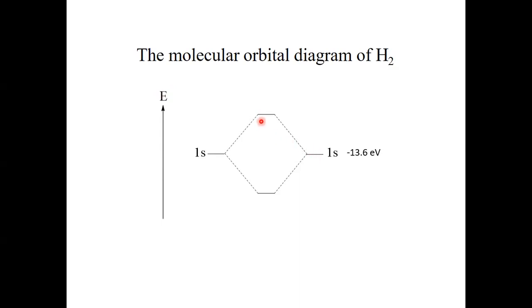So in molecular orbital diagrams, you always connect the molecular orbitals with the atomic orbitals from which they have been constructed with dotted lines. You see that here.